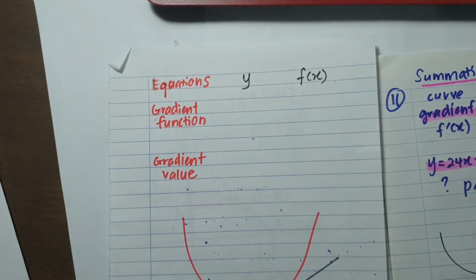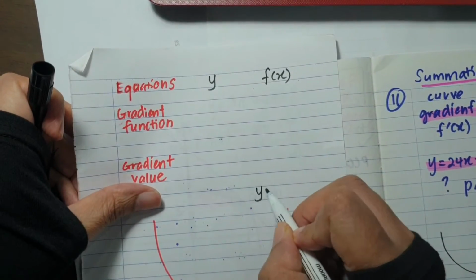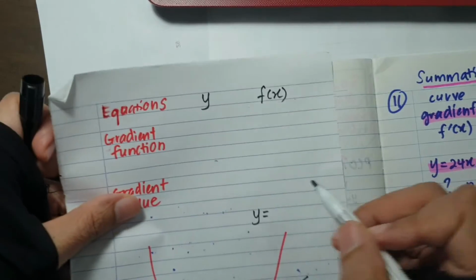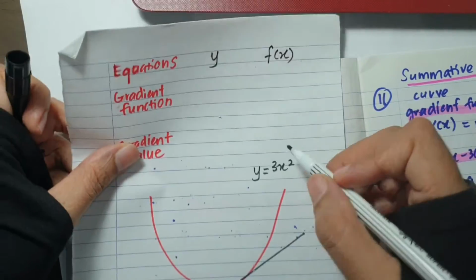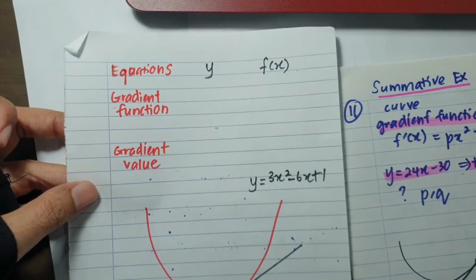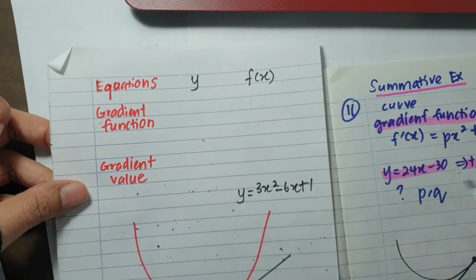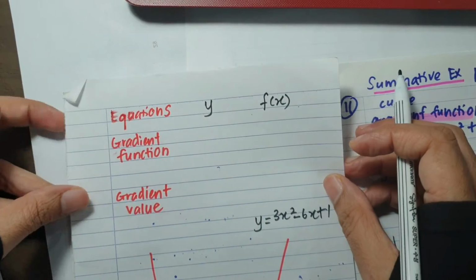So let's say this curve, nama dia adalah, katakan saya letak 3x squared minus 6x plus 1. Itu dia punya nama. Now I'm using y. Gradient function of the curve. What is the gradient function?